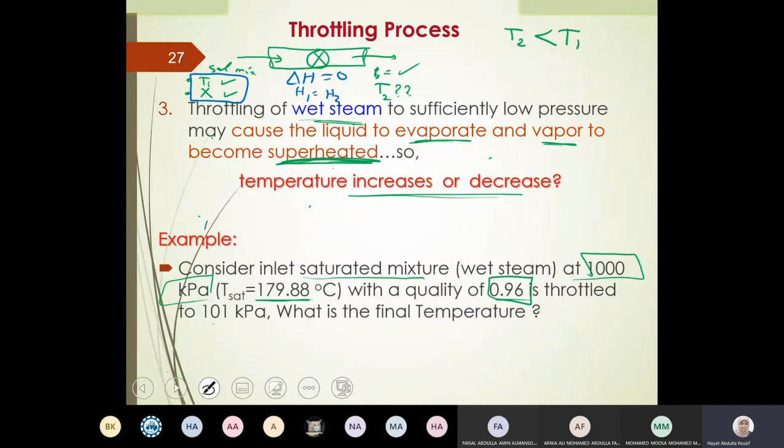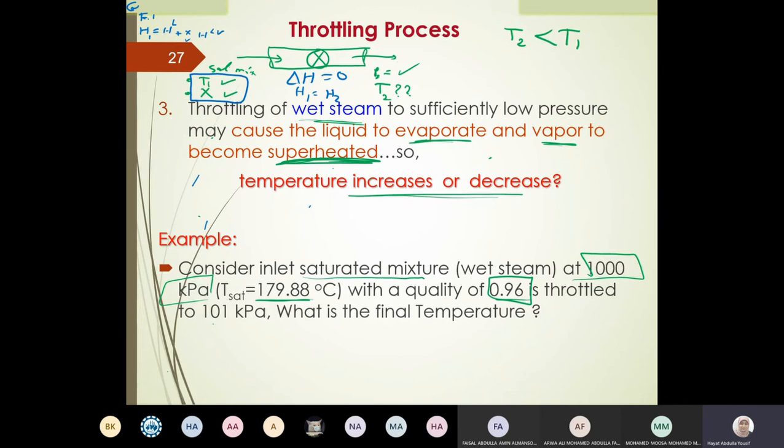If I do have the quality, I can go to table F1 or table F2. I will just substitute to get H1. H1 is equal to H liquid plus X times HLV, or delta HLV. The quality is already given, and H liquid and HLV you will find from the tables. Here you have both temperature and pressure.